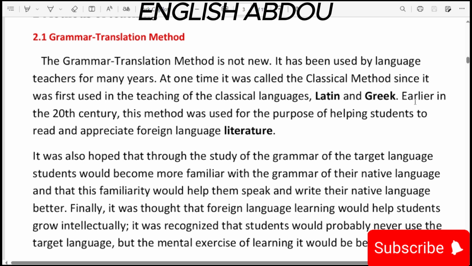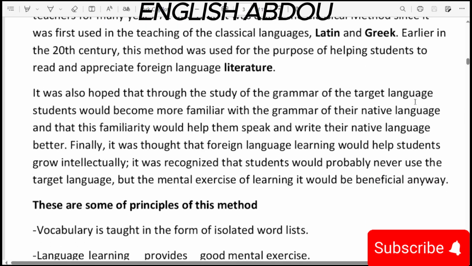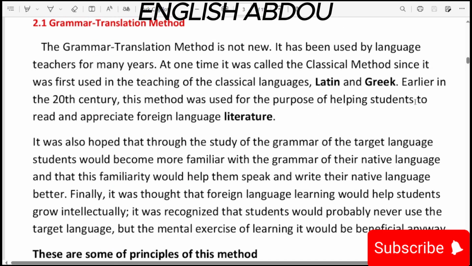Earlier in the 20th century, this method was used to help students read and appreciate foreign language literature. In general, the aim of this method was to teach Latin and Greek literature.